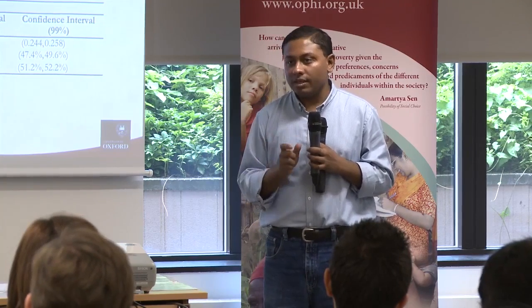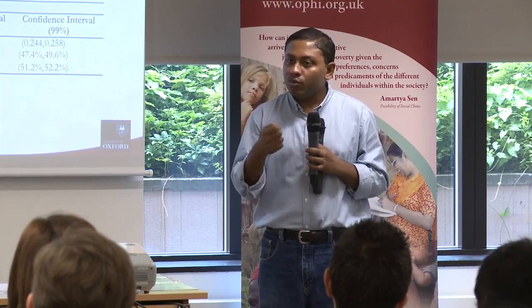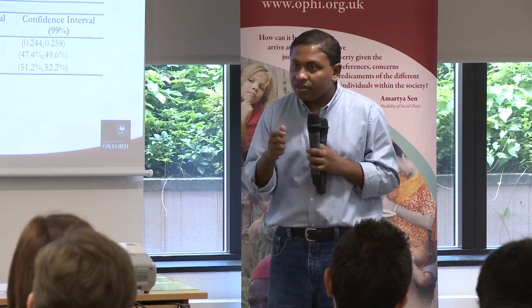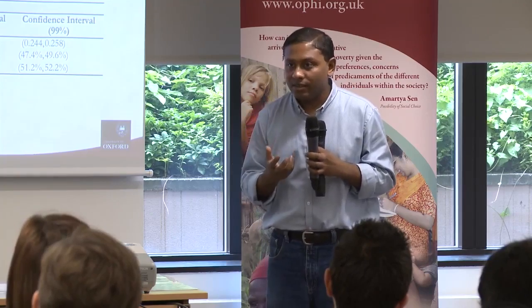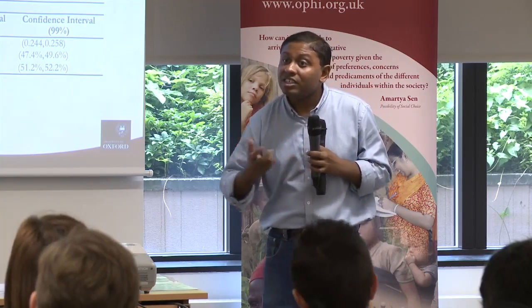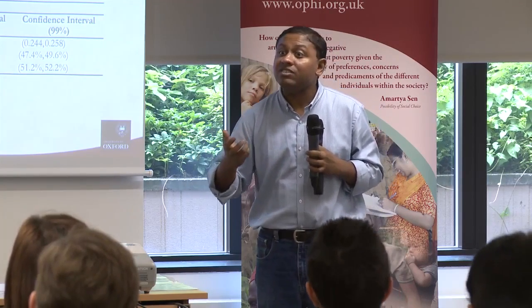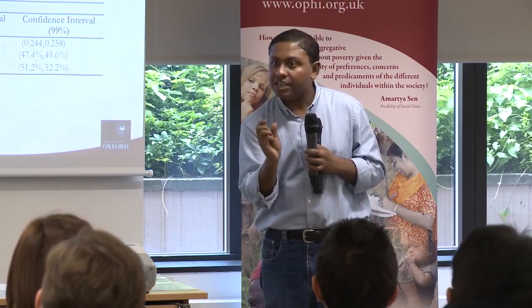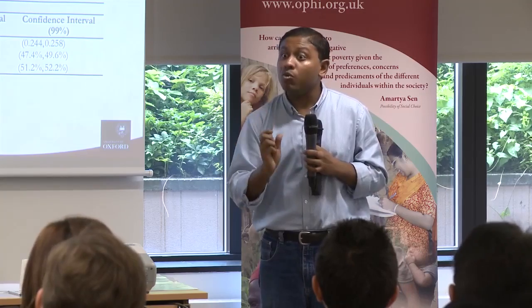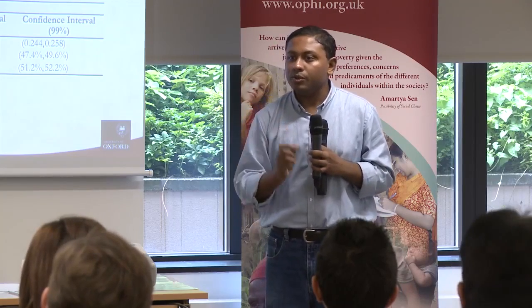So this is how you use the standard error. It is a notion of uncertainty and reliability. A larger standard error means your estimate is less reliable. A smaller standard error means you have a tight bound, which gives more reliability to your estimate.